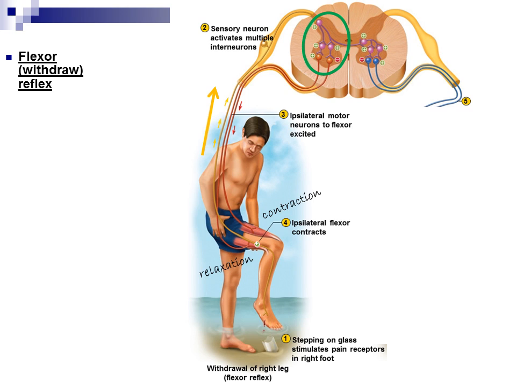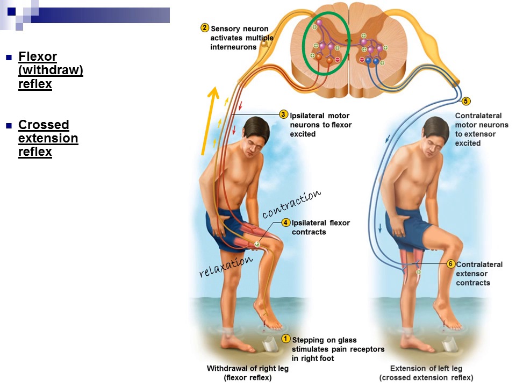Therefore, a contralateral reflex arc, known as the cross-extensor reflex, is used by the body to maintain balance during the flexor reflex. This cross-extension reflex results in the contraction of the extensor muscles and the relaxation of the flexor muscles in the limb opposite of the one that is being withdrawn.